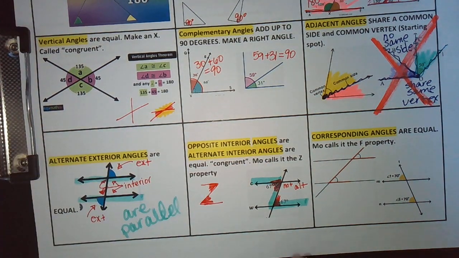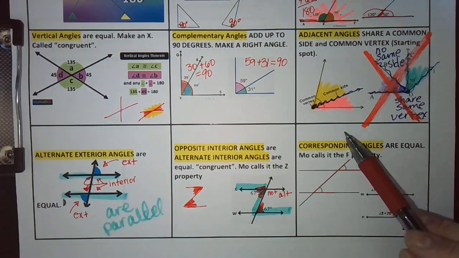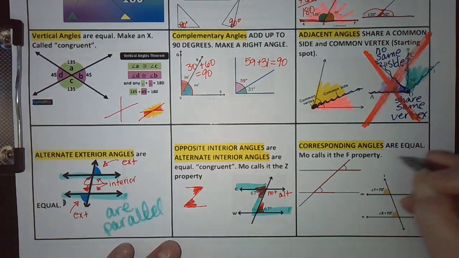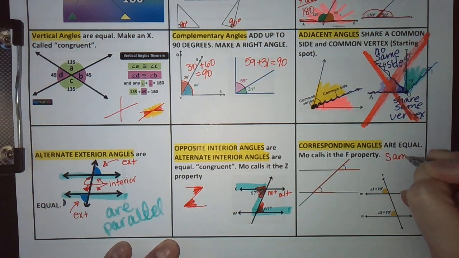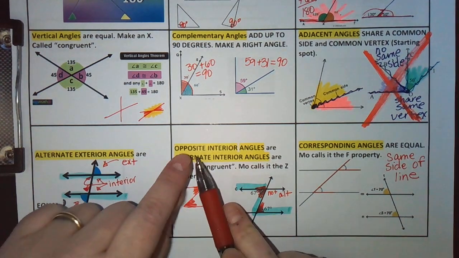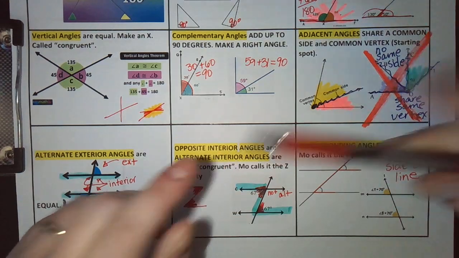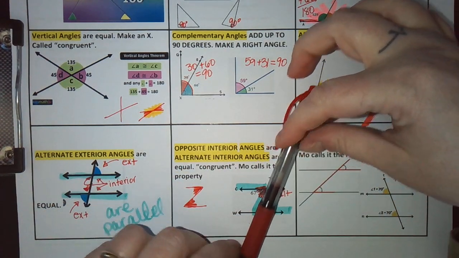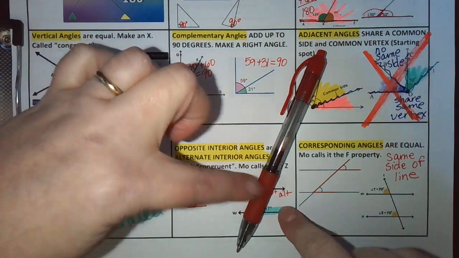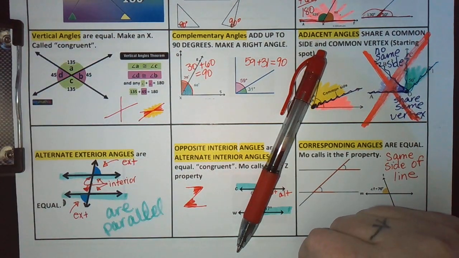Okay. Then we have something called corresponding angles. Corresponding means they're on the same side of the line. So this opposite interior angle, see how the line is this crooked diagonal one? And the two angles are on opposite sides? Okay.